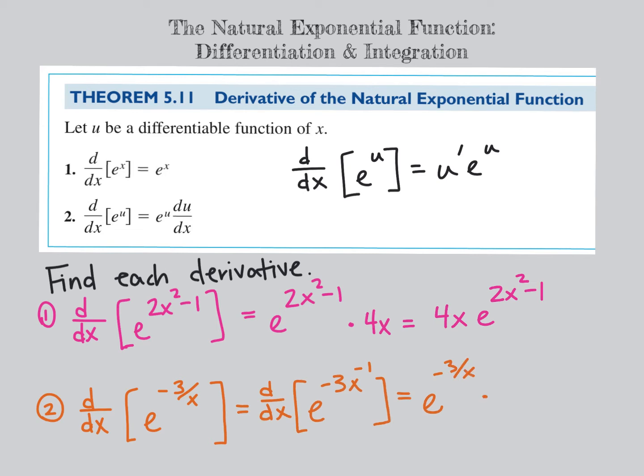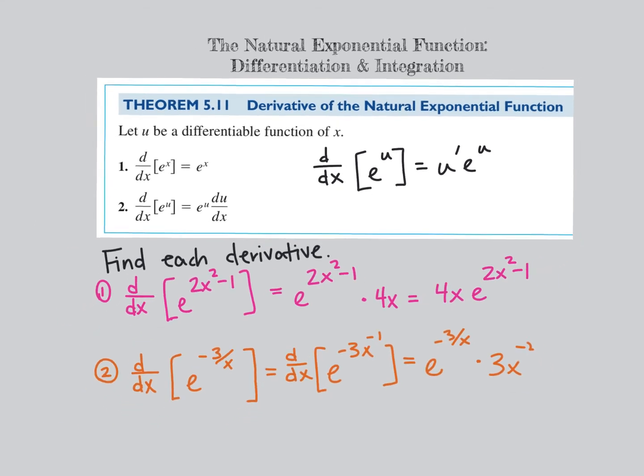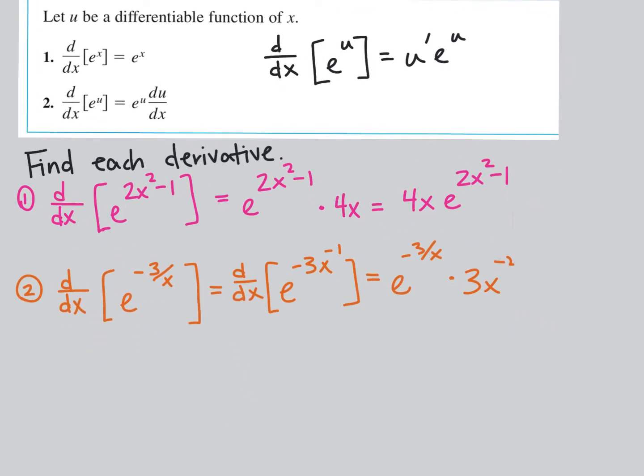Then we want to multiply by the derivative of negative 3x to the negative 1. And so using the power rule, we'll bring the negative 1 out front. So we'll get 3, and then we subtract 1, so 3x to the negative 2. Writing this in a nicer looking way using positive exponents, we will get 3 over x squared, and then that e to the negative 3 over x is also in the numerator, so we can write it as a fraction just like that.